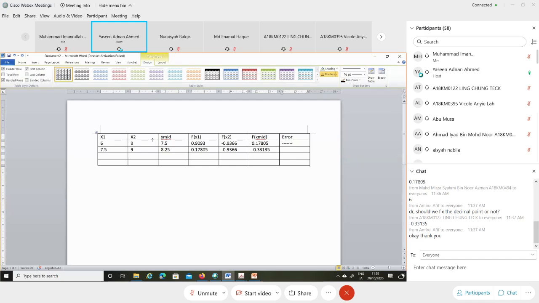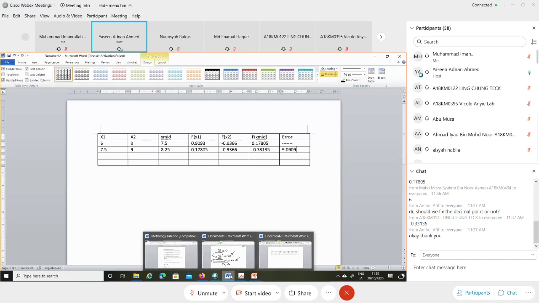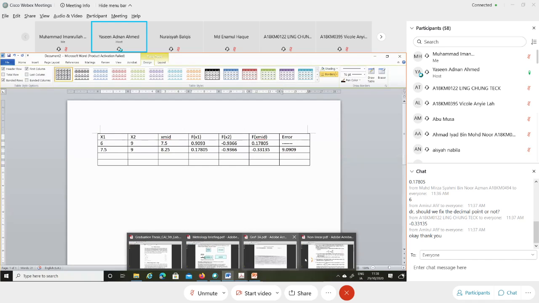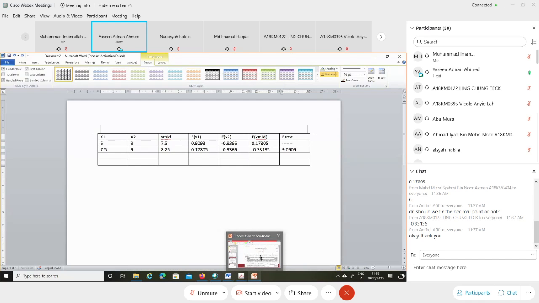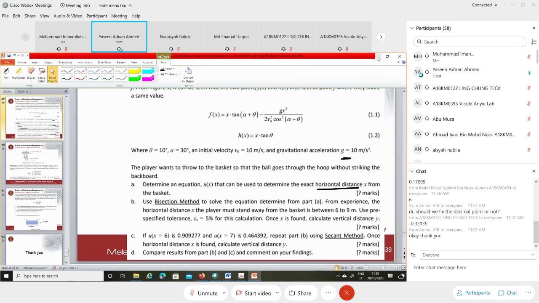So 8.25 minus 7.5 divided by 8.25 multiplied by 100. So your error is 9.0909, something like that. I'm putting it in percentage, okay? So you have to continue until what? According to this problem, the error is 5%, so you still need to continue.